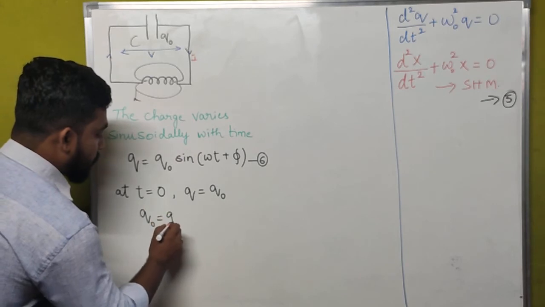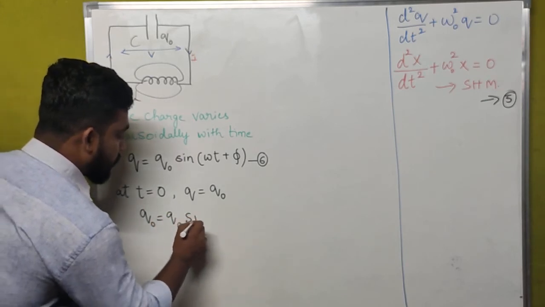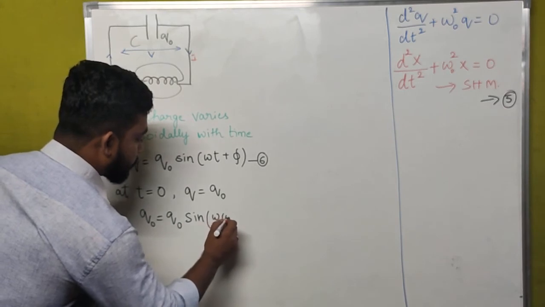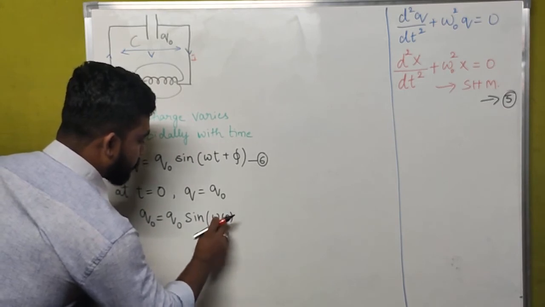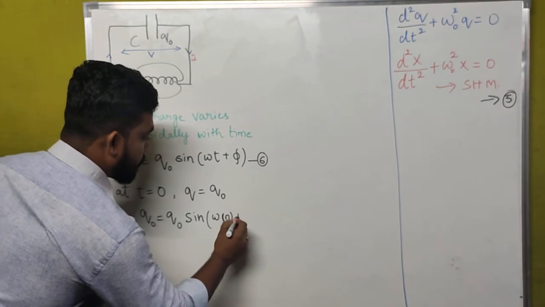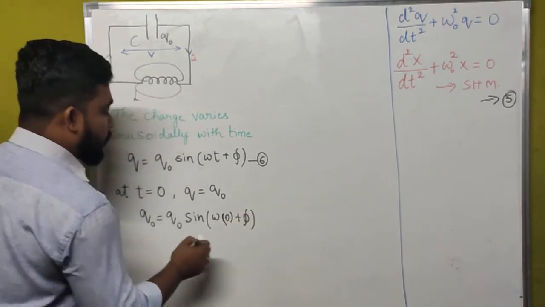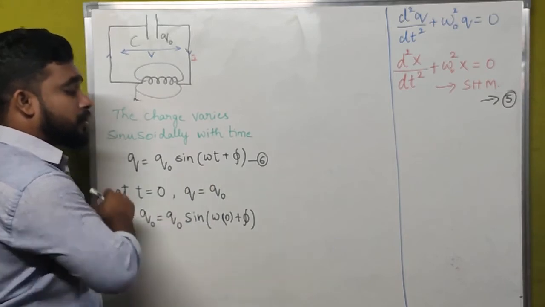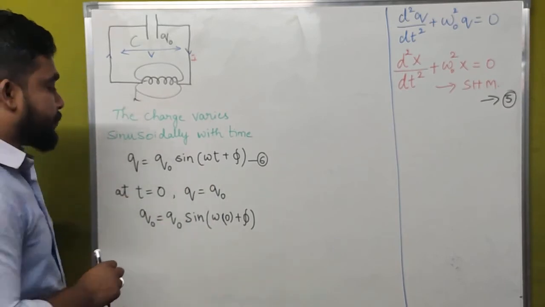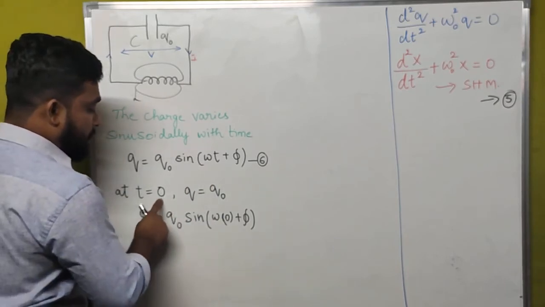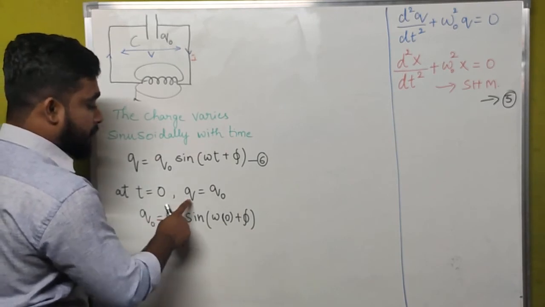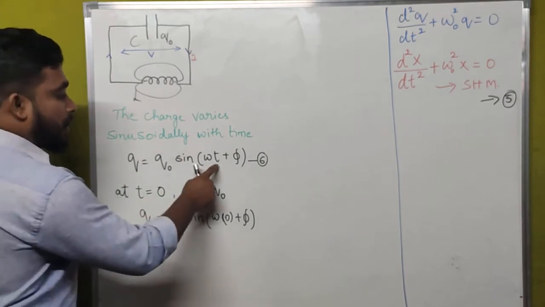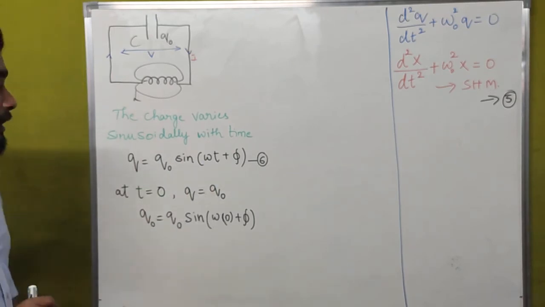Q naught is equal to Q naught into sin omega into 0 plus phi. Because we are considering time as 0, here also we substitute the value of time as 0. When time t is equal to 0, we consider Q as Q naught. Here we have considered Q as Q naught at time t is equal to 0.